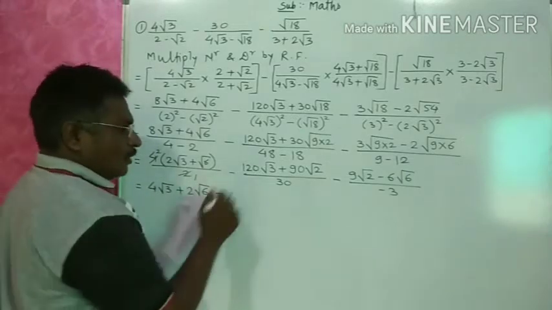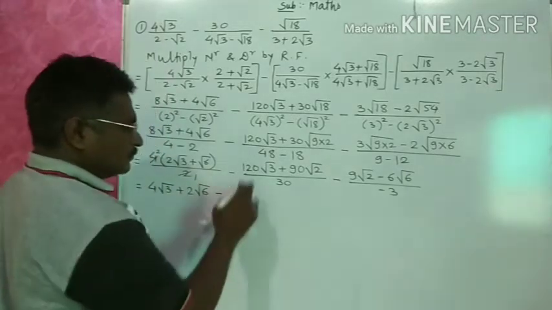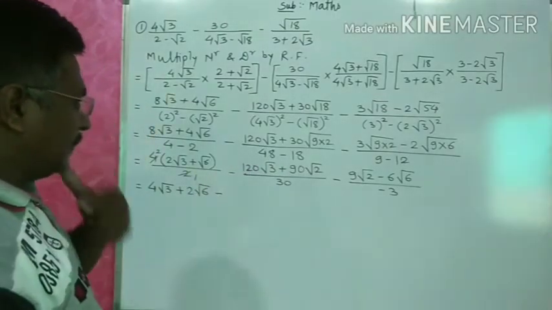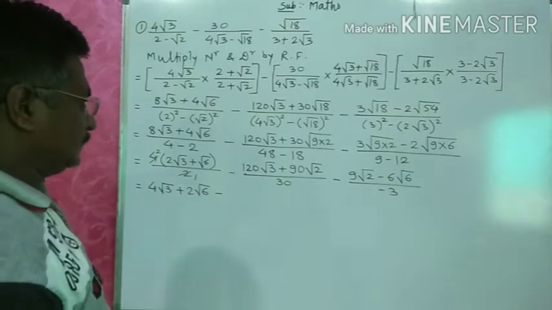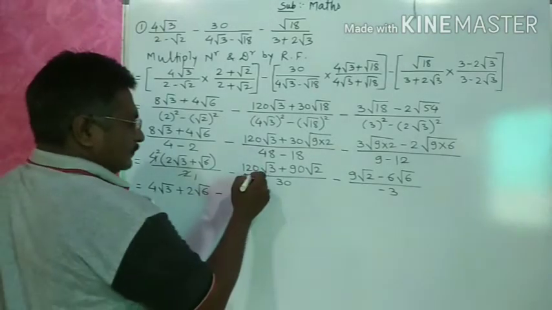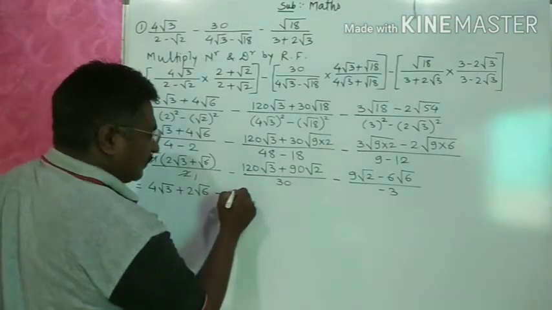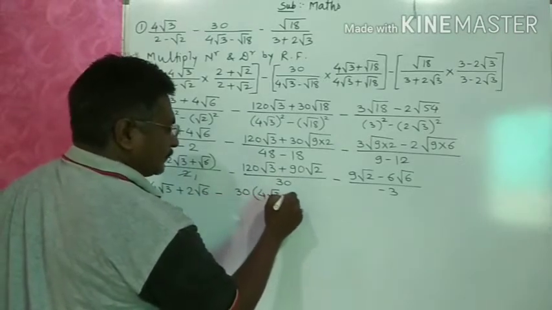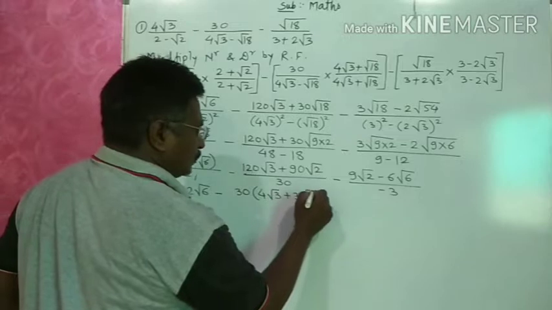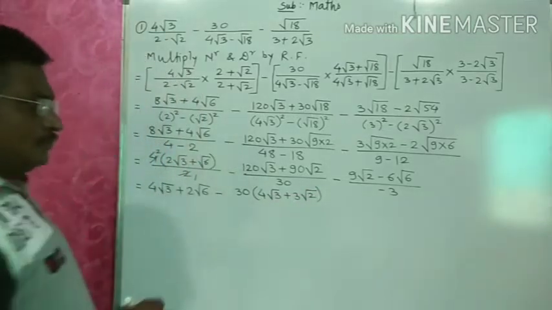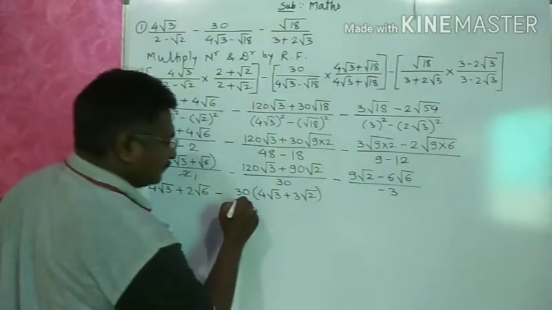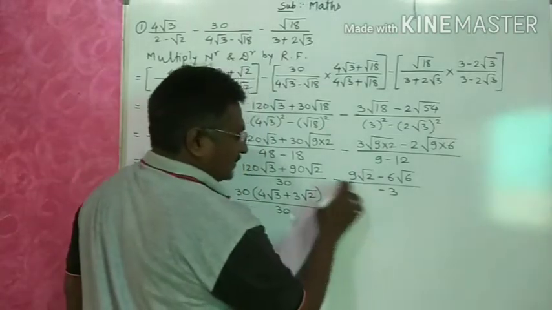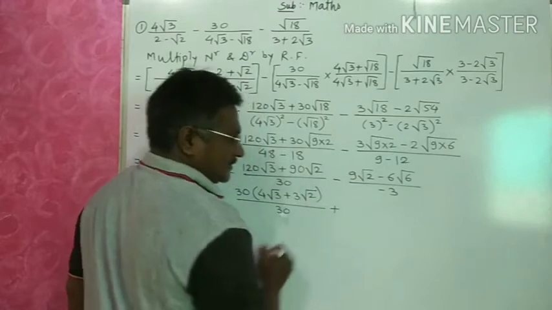Here what is common? We have to see the common. Thirty is common. So 4 root 3 plus 3 root 2 by 30. Minus into minus is plus.